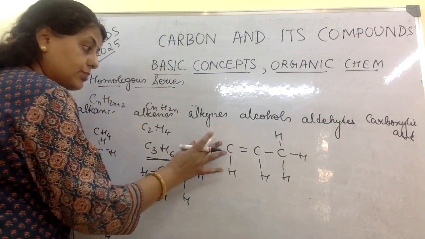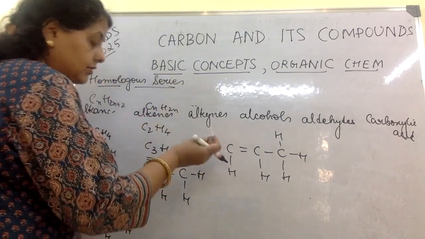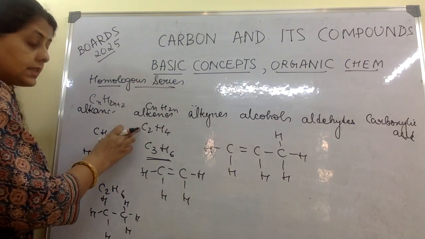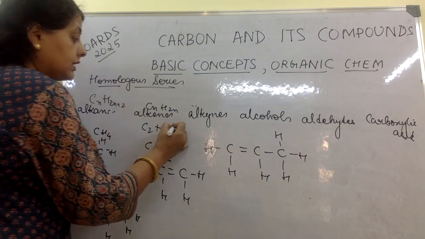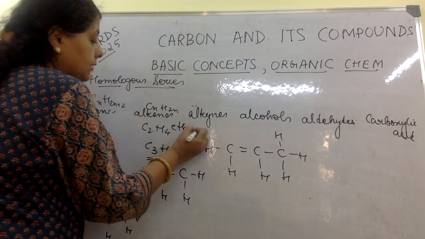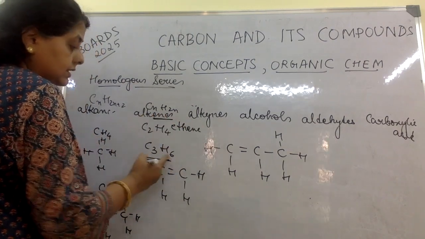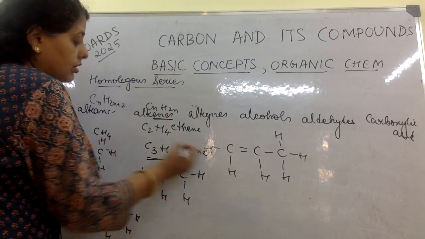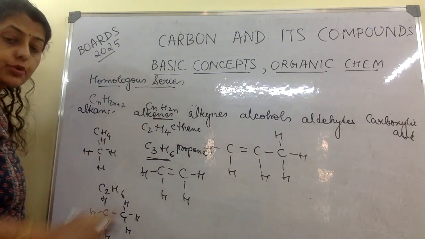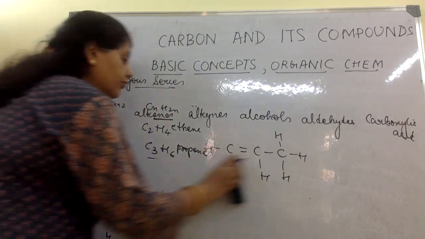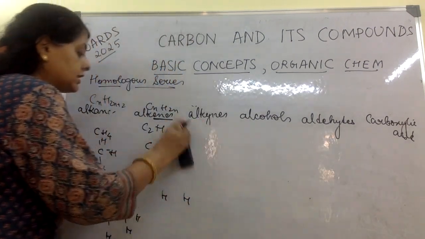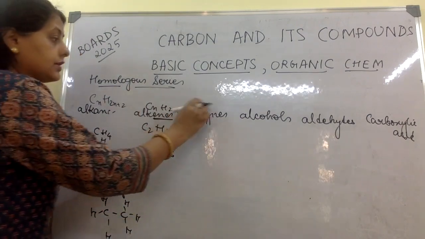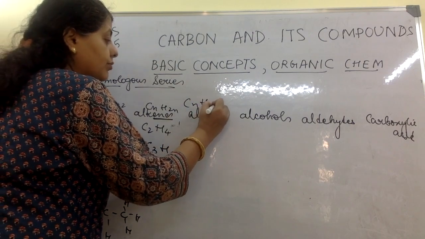So this is my second member, and we'll call this ethene. The name comes from this, and this is propene. Because of 3 carbons it becomes propene. Okay, let's move on to the next homologous series. Every homologous series is guided by one formula. Here it is CnH2n-2.